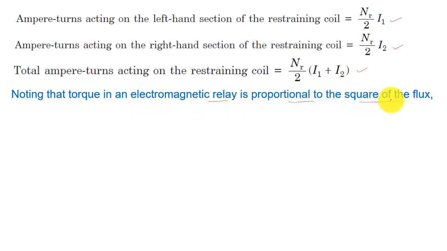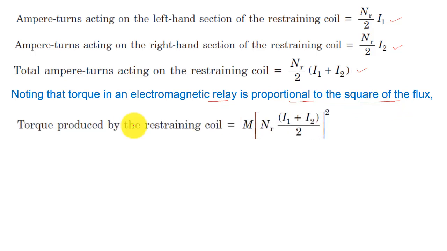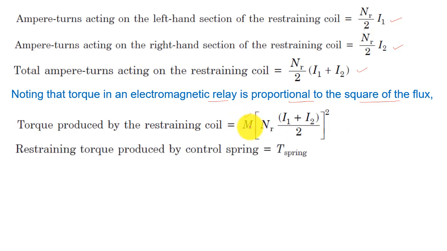Now, noting that torque in an electromagnetic relay is proportional to the square of the flux, it will also be proportional to the square of the MMF. So, the torque produced by the restraining coil will be proportional to the square of MMF. MMF is NR into I1 plus I2 by 2, squared, and M is the constant of proportionality.